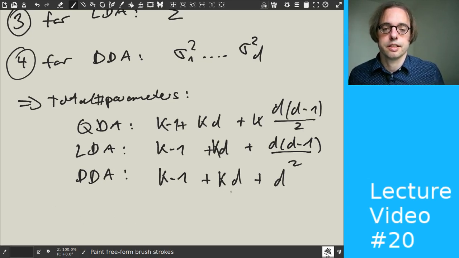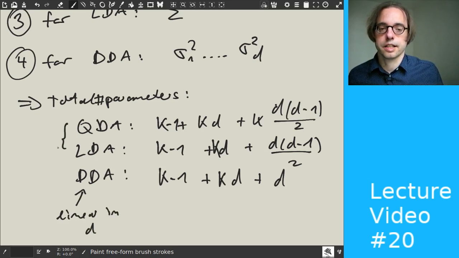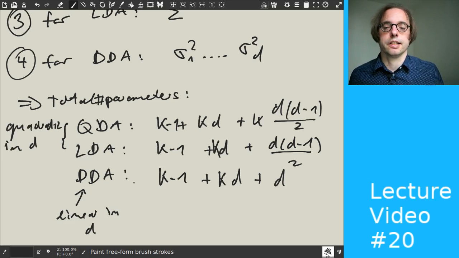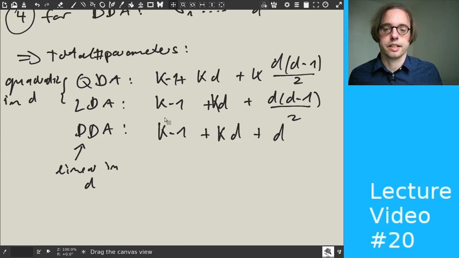So DDA is linear in D, and these are actually quadratic in D. So because QDA and even LDA is quadratic in D, we need to regularize QDA and LDA.